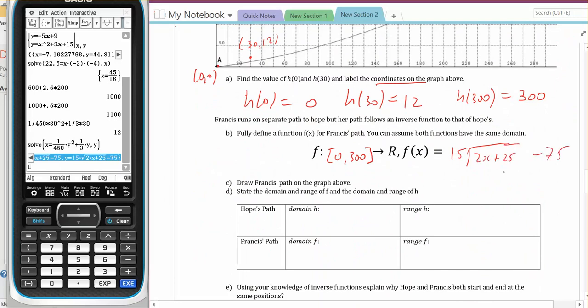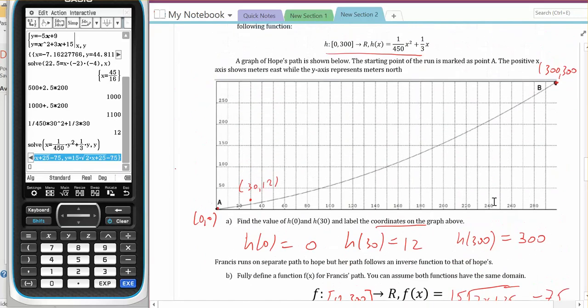Okay. Now, draw Francis' path on the graph above. Can you see that we've got (0, 0) and (300, 300)? Since they intersect on points where the x and y coordinate are the same, it means the original and the inverse will intersect at those points as well. So what you can simply do is go and draw it like this.